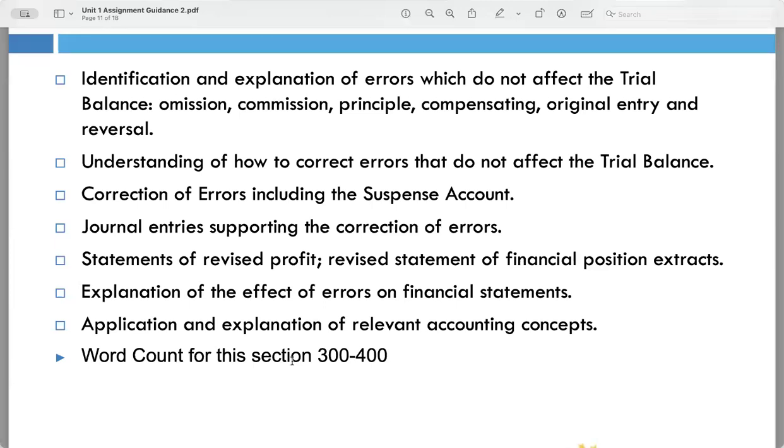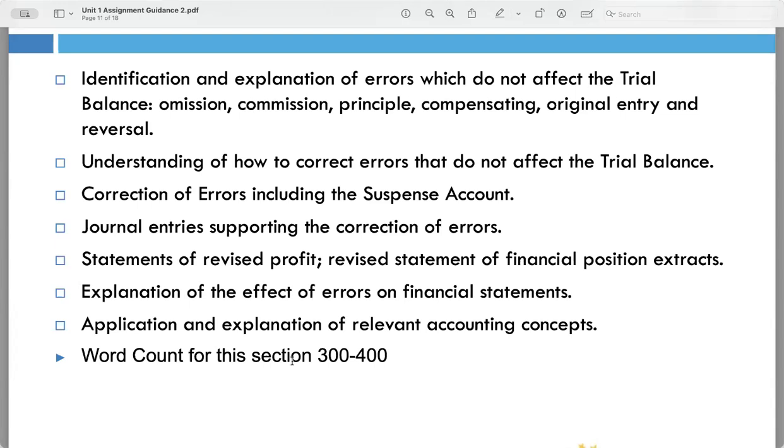Application of accounting concepts. Apply relevant accounting concepts in error identification, correction, and financial statement adjustments.